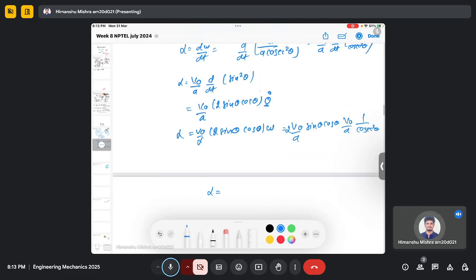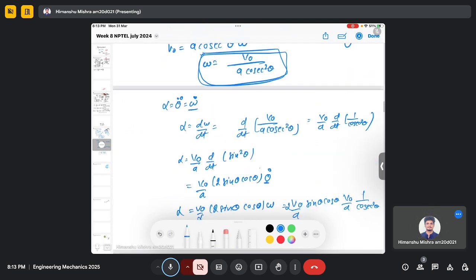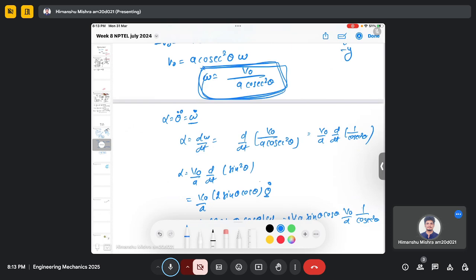So my angular acceleration will be 2 v naught square by a square, sine theta cos theta by cosec square theta. This will be my angular acceleration and this will be my angular velocity.